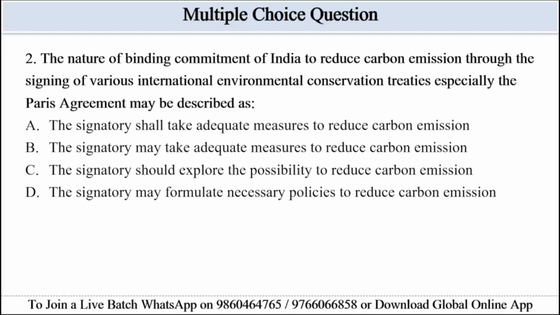Option B, may take, means it is optional or not binding. Option C says should explore, it means it is not binding. And option D, may formulate policies, means it is discretionary. So the signatory shall take adequate measures to reduce carbon emission. Option A will be the correct answer here.